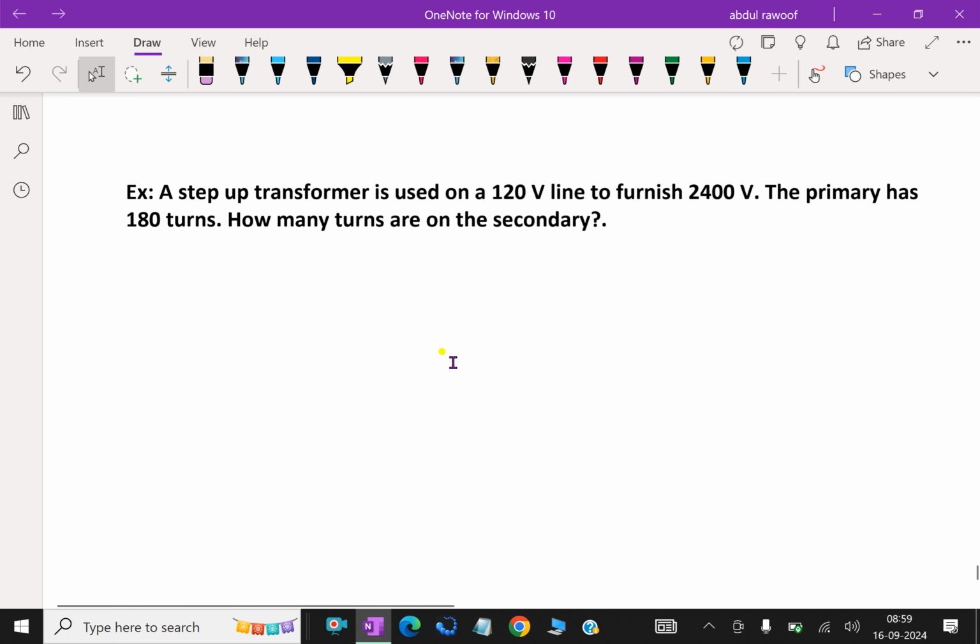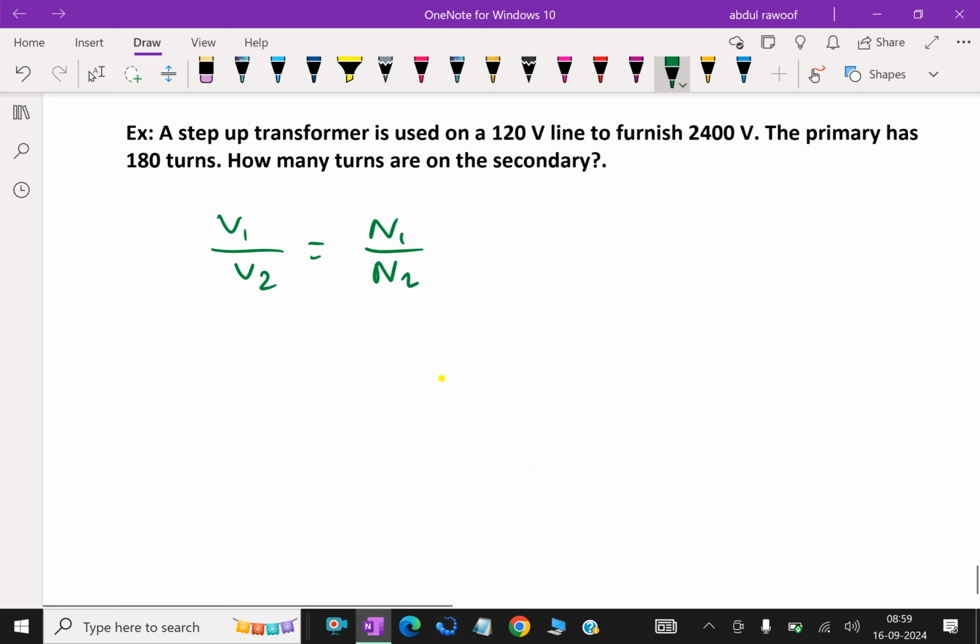Next question, a step-up transformer is used on a 120 volt line to furnish 2400 volts. The primary has 180 turns. How many turns are in the secondary? The transformer formula is V1, the voltage in the primary, divided by the voltage in the secondary, is equal to the number of turns in the primary over the number of turns in the secondary.